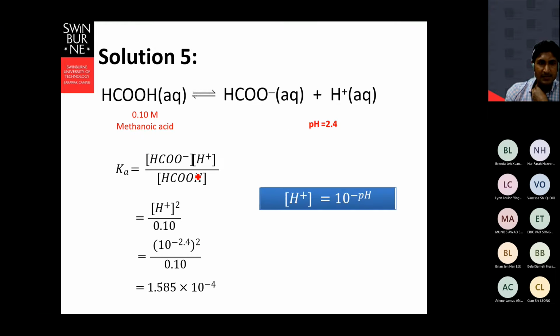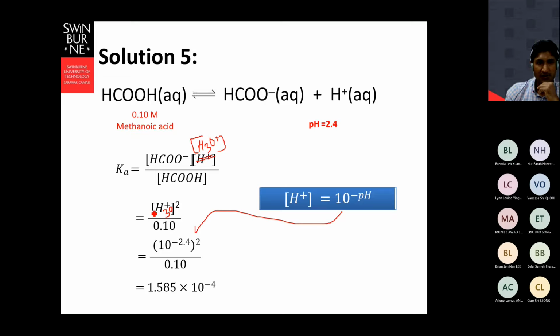And since we know that hydronium ion concentration already, this is the H3O plus. This is the value we just found from that equation.